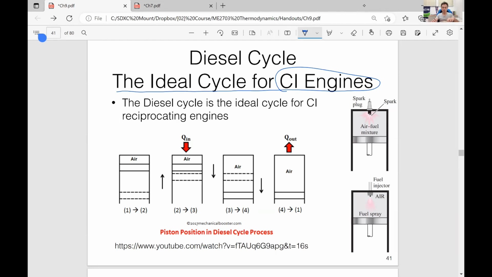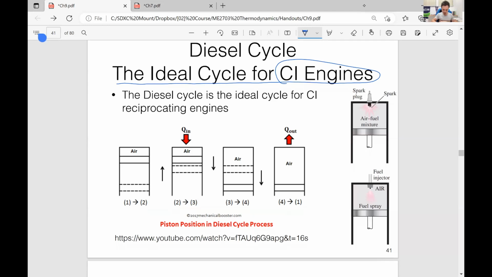But in a compression ignition engine, we don't need a spark plug to ignite the air-fuel mixture. Instead we use the compression itself. So we compress the air. Well, let's look at the video. That would be clear, I think.